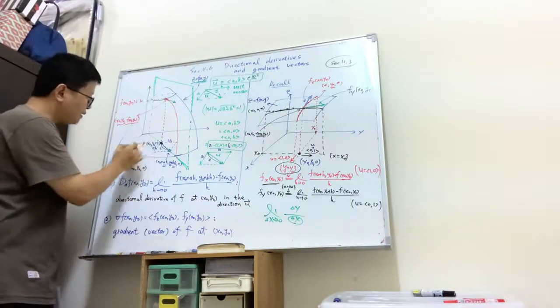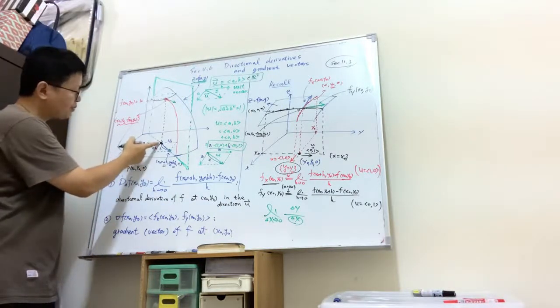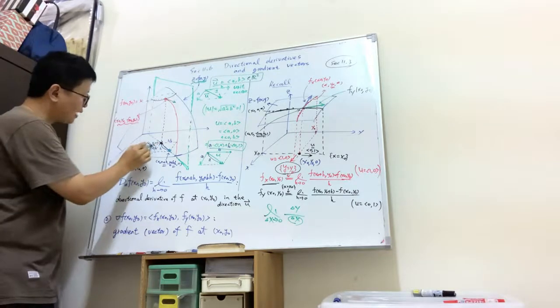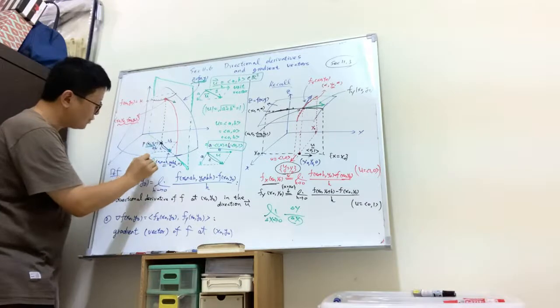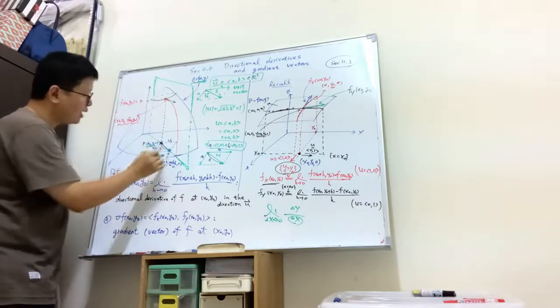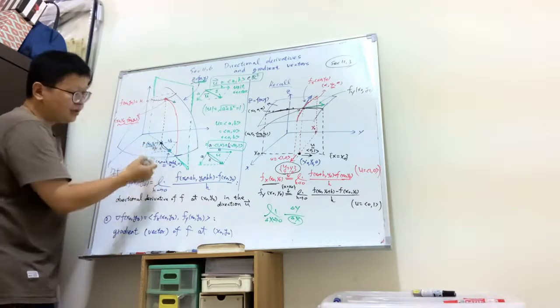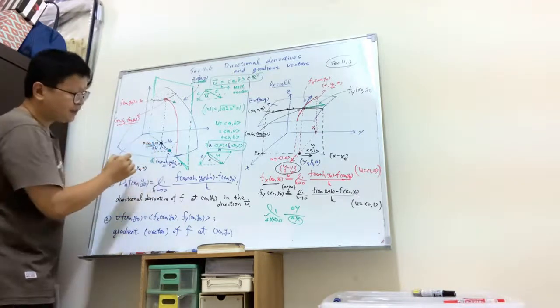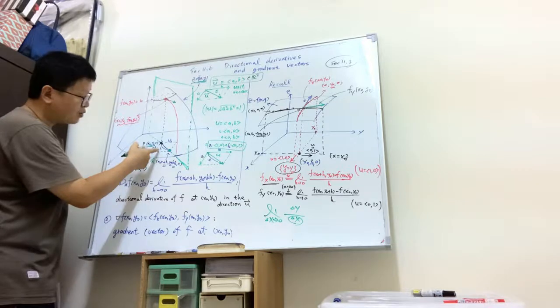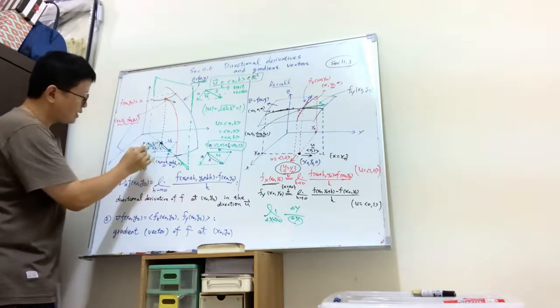The first point is where we start, and we choose another point over here, Q. The change is h. If we denote the change by h, what's the length?